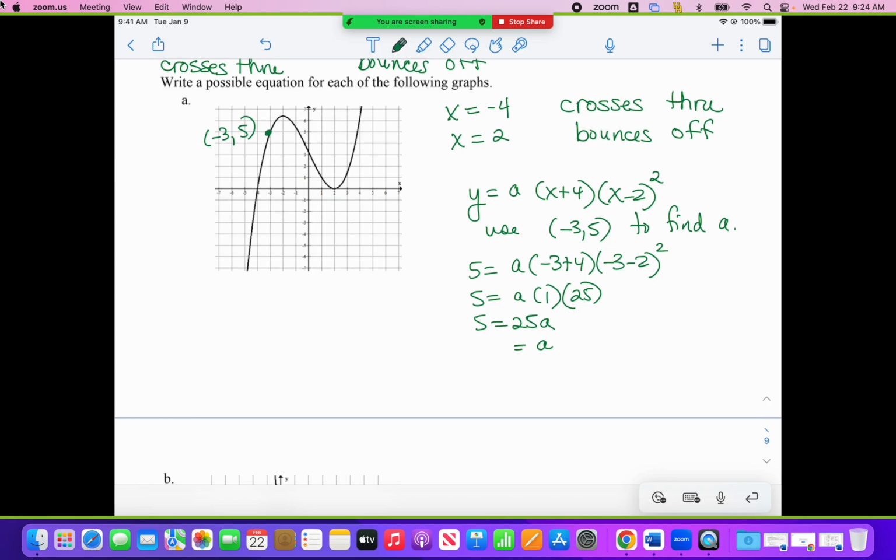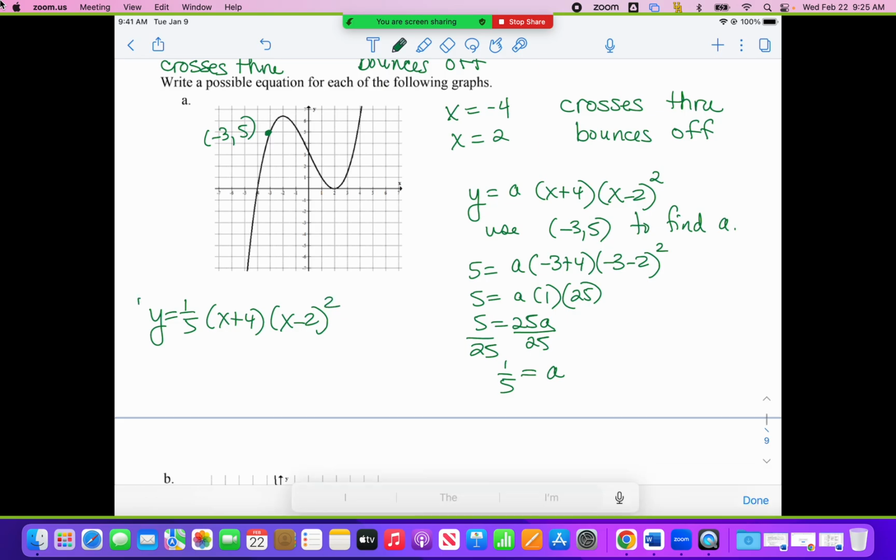No. 100. Is 25 times 100 equal to 5? So, okay, let's back it up since we're having some trouble there. What would you do to both sides of the equation to solve for a? Divide by 25. So what's a? 1/5. There we go. So you're going to get y equals 1/5 times x plus 4 times x minus 2 squared.